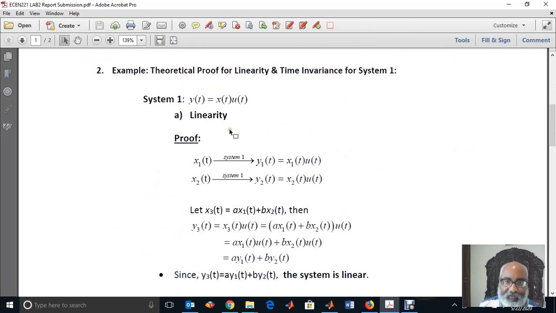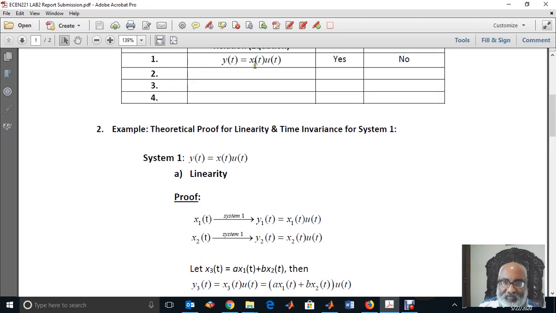If you remember from the theoretical lecture class how we prove linearity, if the input x1 of t passes through the system, in this case system 1, we have the output y1 of t. We just look at the mathematical expression when we give x of t to the system.